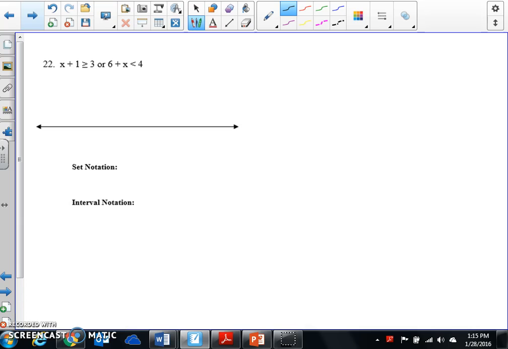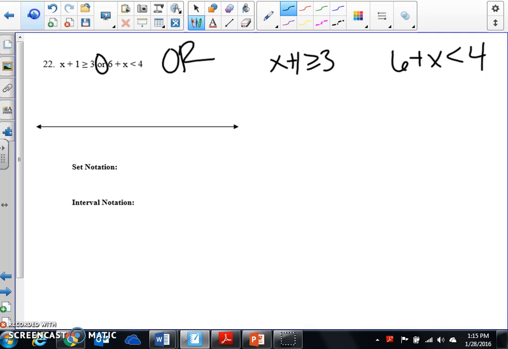All right, this one says or, yippee-doo. So I just subtract 1. X is greater than or equal to 2. Subtract 6. X is less than -2.